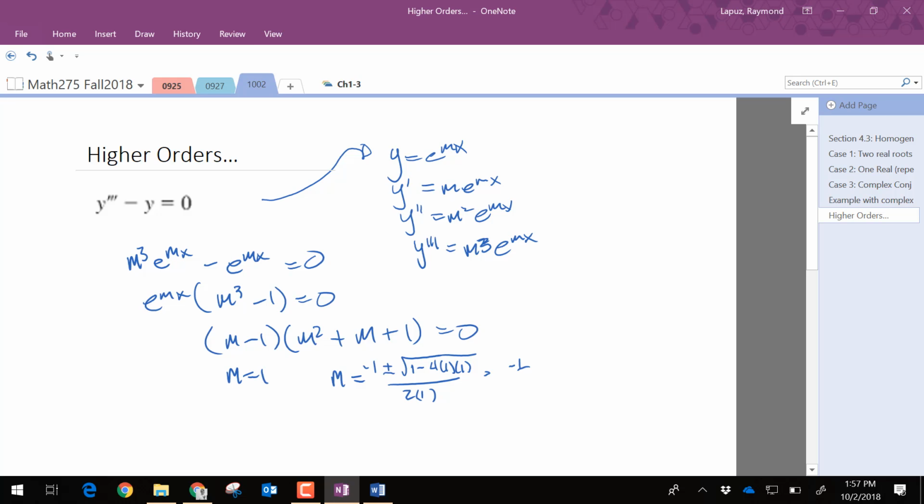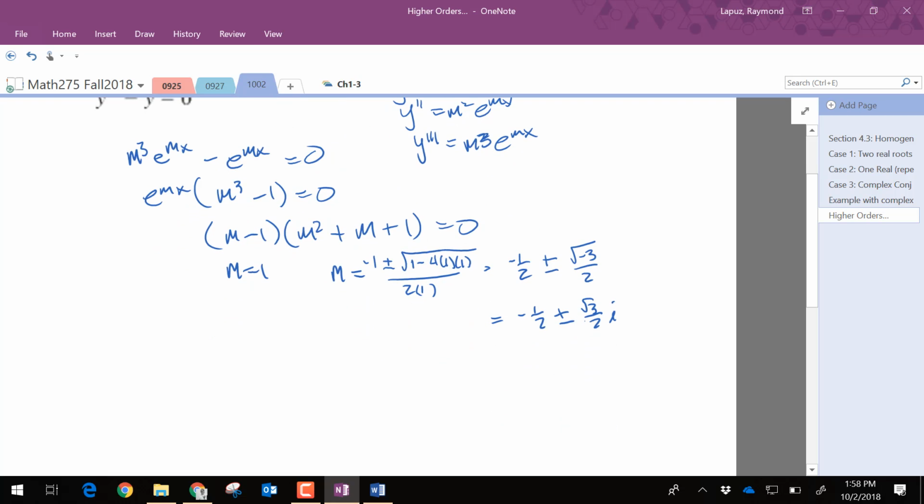So that's negative 1/2 plus or minus the square root of 1 minus 4, that's negative 3, right? So that's going to give us an imaginary number. So I have negative 1/2 plus or minus square root of 3 over 2 i.